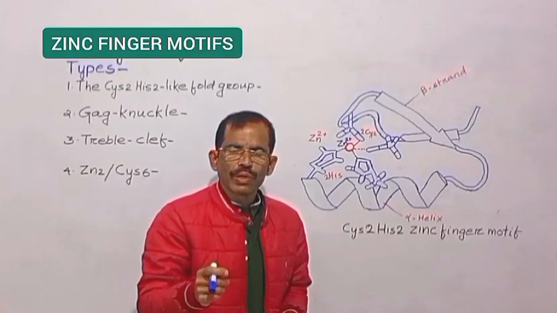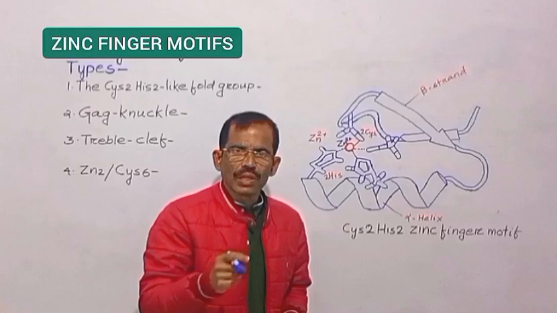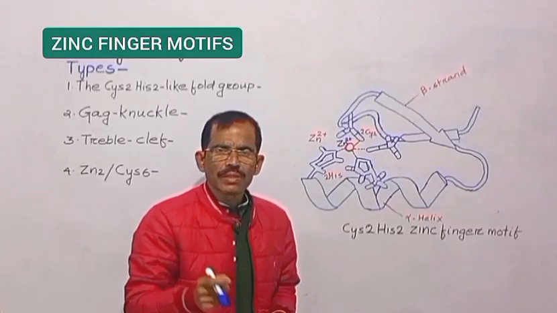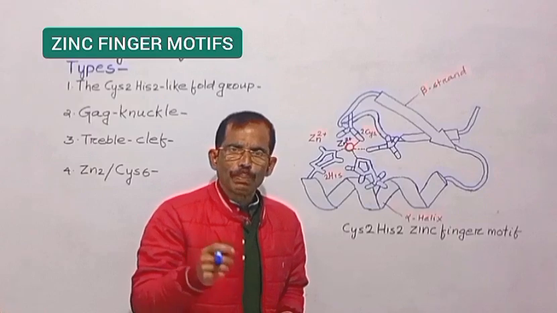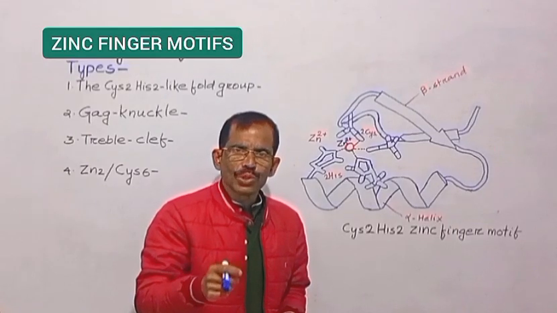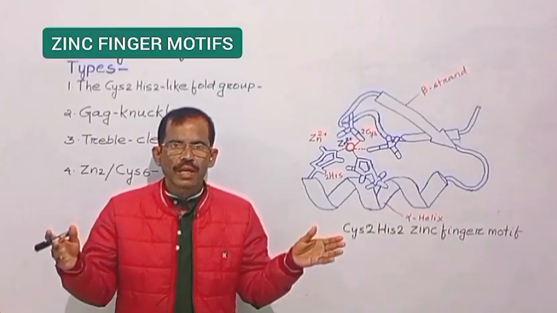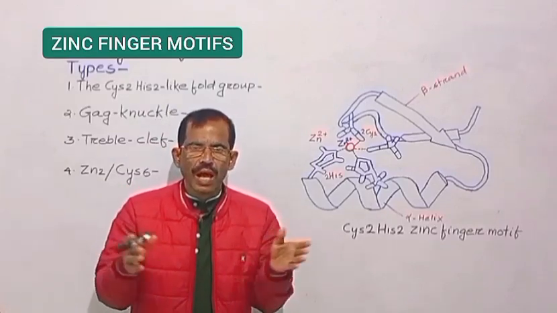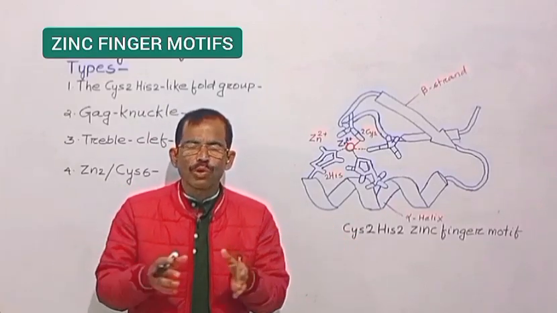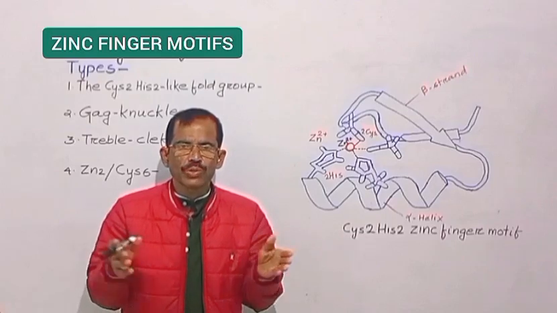Not all zinc fingers contain only zinc. In some cases, iron-sulfur clusters may also be present in place of or in addition to zinc ion. On the other hand, in some cases, the metal ion is entirely absent, however, they are still folded into a finger-shaped structure.